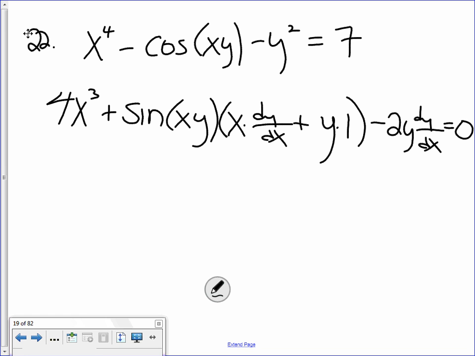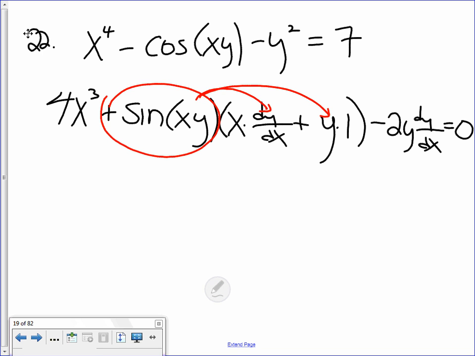When you see that y is inside of another function, after you take the derivative of both sides, you're going to have to distribute before you can get the dy dx terms on one side and the non-dy dx terms on the other. You see how in the product rule we have a sum? We're going to distribute the sine of xy over this sum, because we multiply.